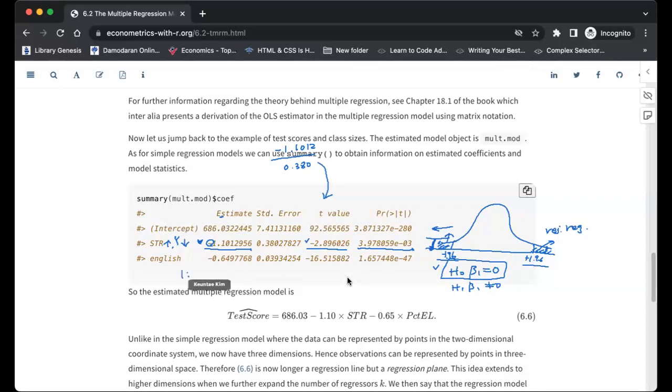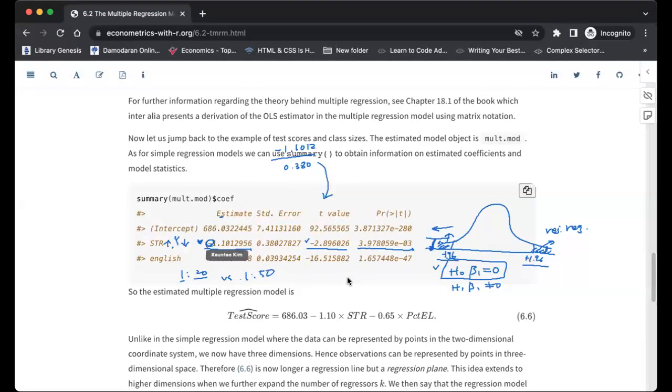One teacher handling 20 students versus 50 students becomes a problem. That's why we have a negative coefficient.